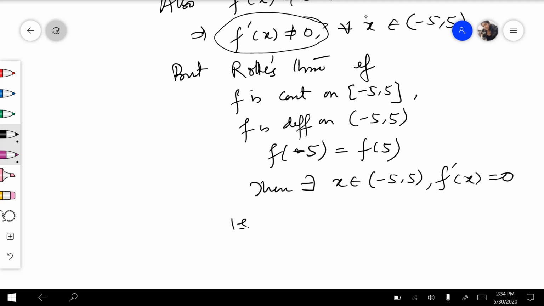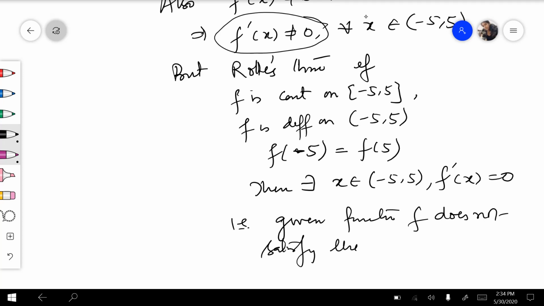That means the given function f does not satisfy the third condition of Rolle's theorem.